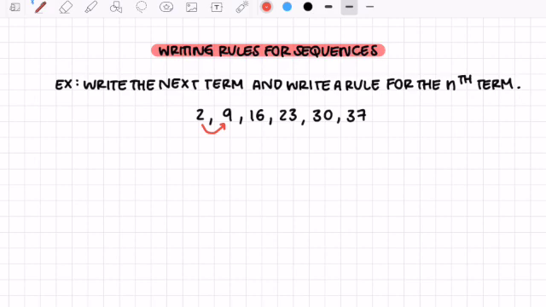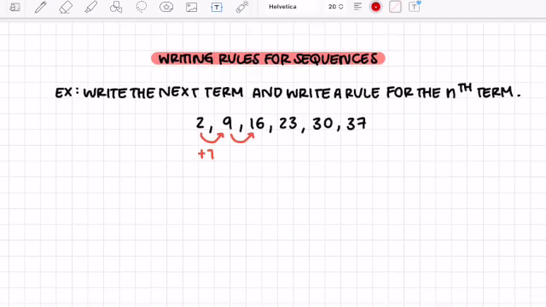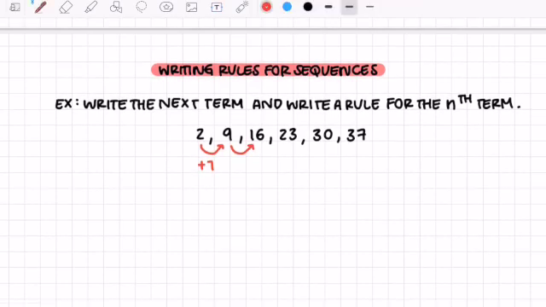I do know that from 2 to 9, I could add 7. From 9 to 16, I could also add 7. From 16 to 23, add 7, and so on. It seems like for every single number, you can add 7.